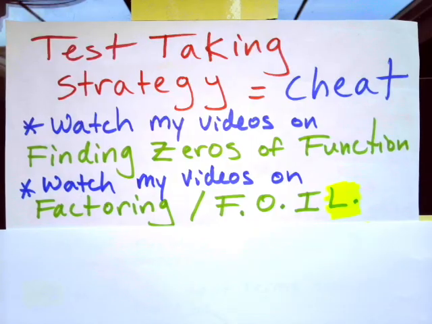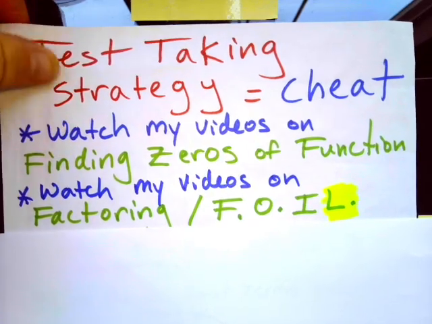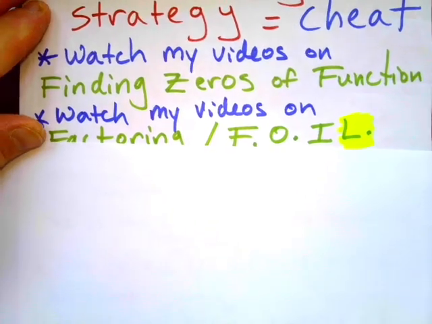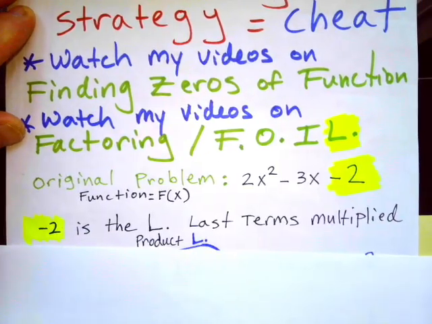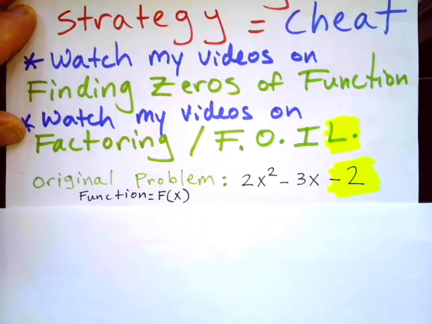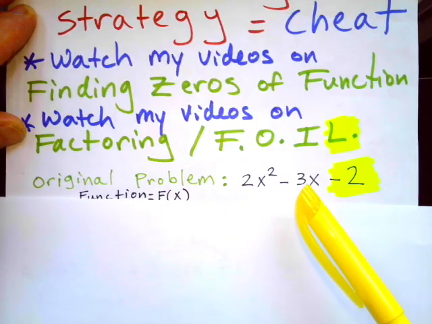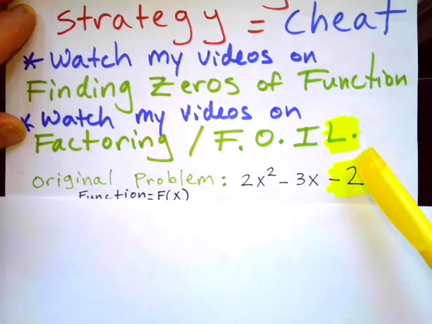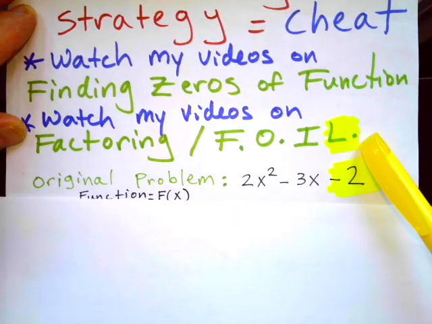So let's take a look at what that looks like. Each one of these, A, B, C, D, and E, we're going to use to find this value in the original problem, the function f of x equals 2x squared minus 3x minus 2. So which option, when we multiply the last terms, gives me a negative 2?